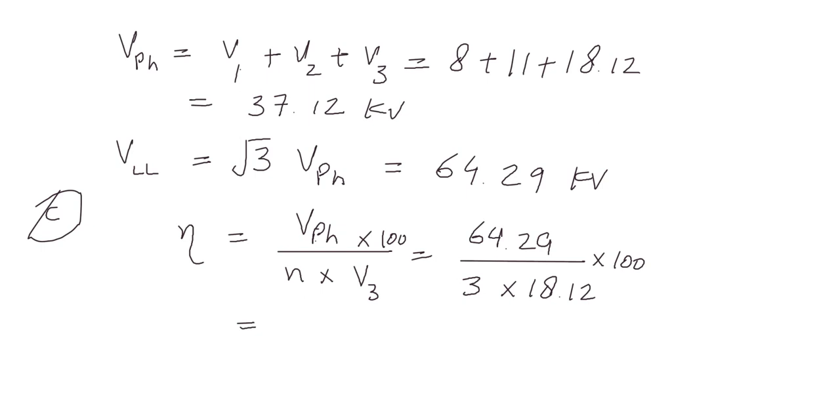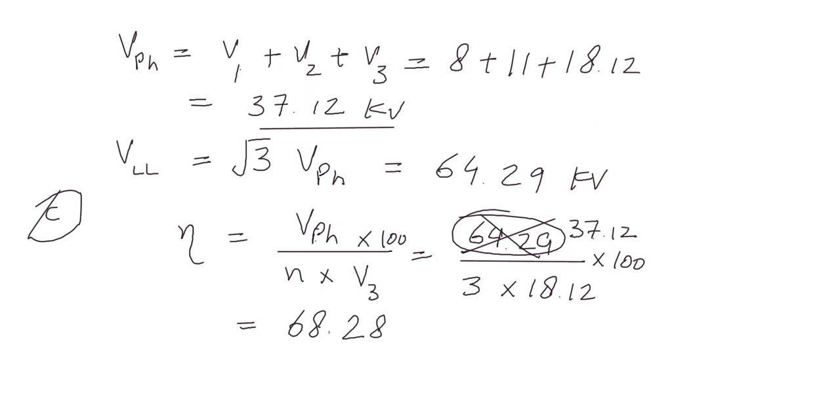Sorry, here we will use the phase voltage, not the line voltage. So phase voltage is 37.12. So our string efficiency will be equal to 68.28%. Okay, that completes our solution. Thank you.